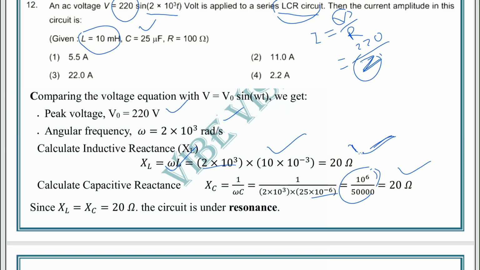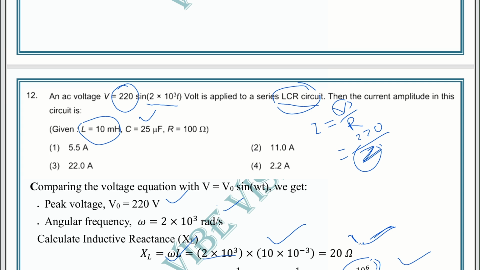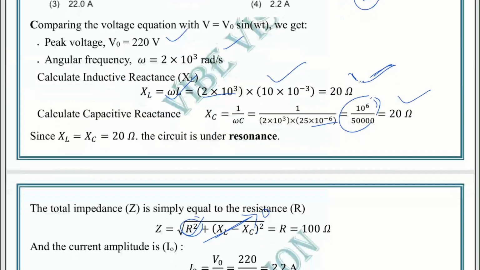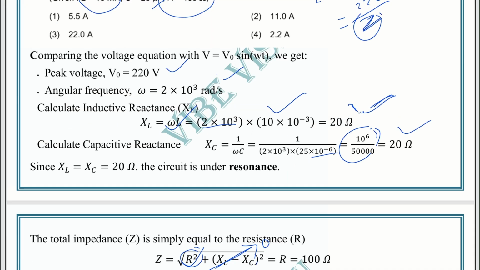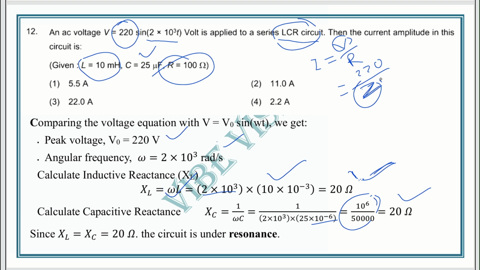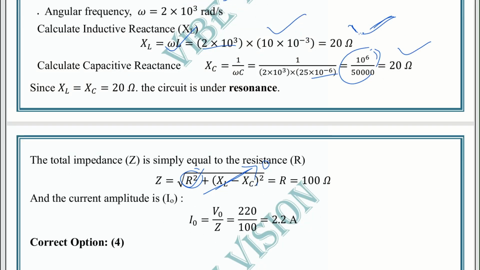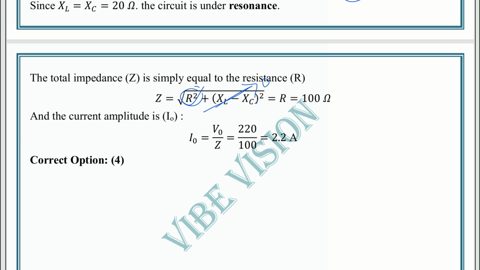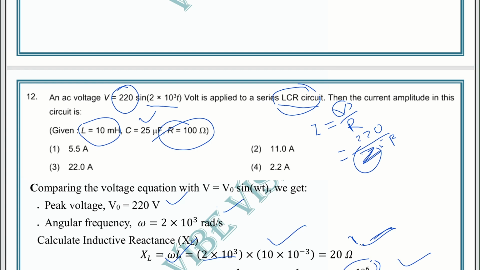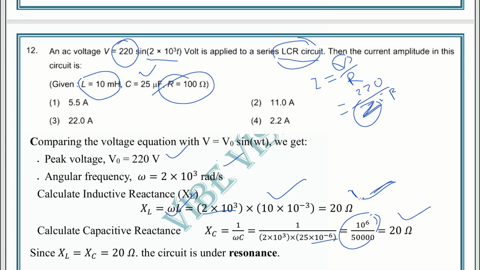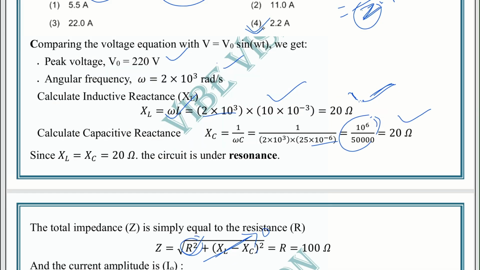Here R is given as 100 ohm. Then the current is 220 by Z, or Z equal to R, that means 220 by 100 equal to 2.2 ampere. So this question has the answer 2.2 ampere, that is option number 4.